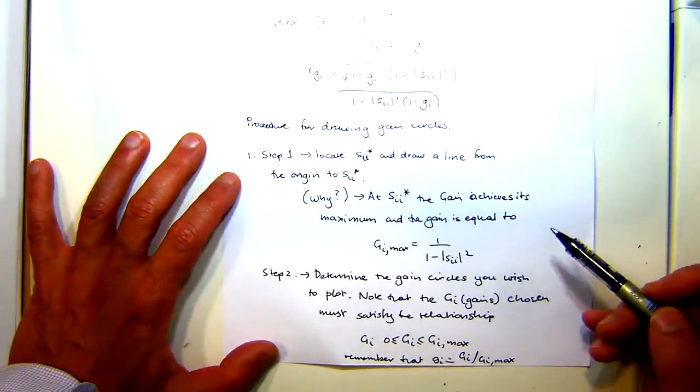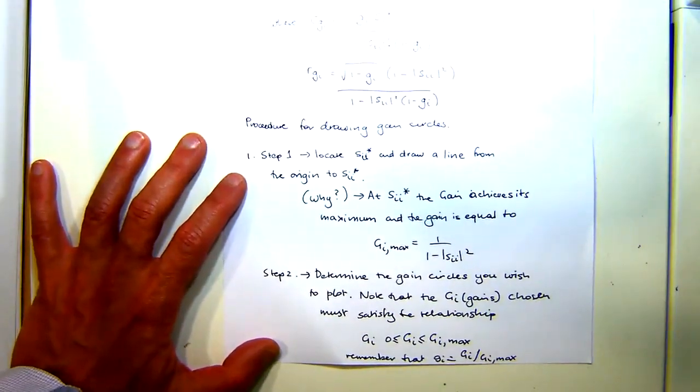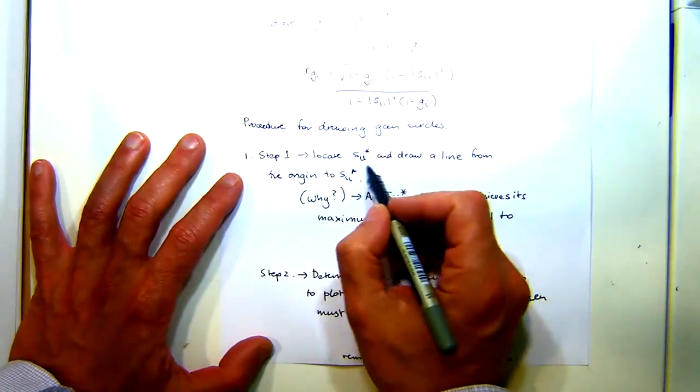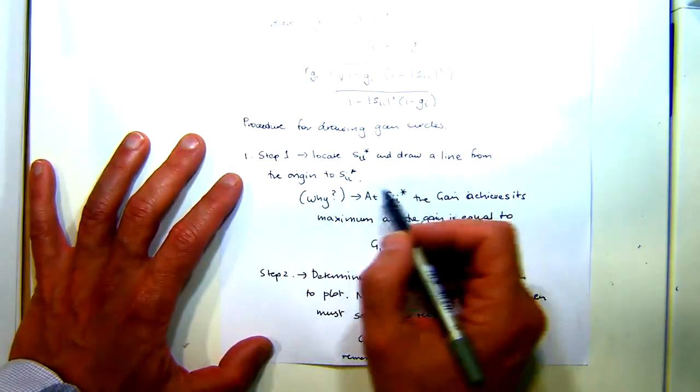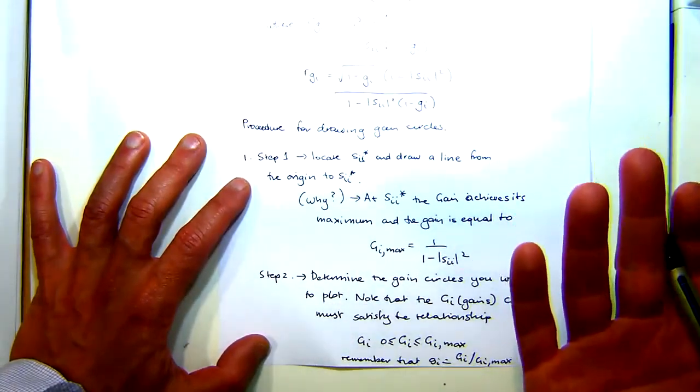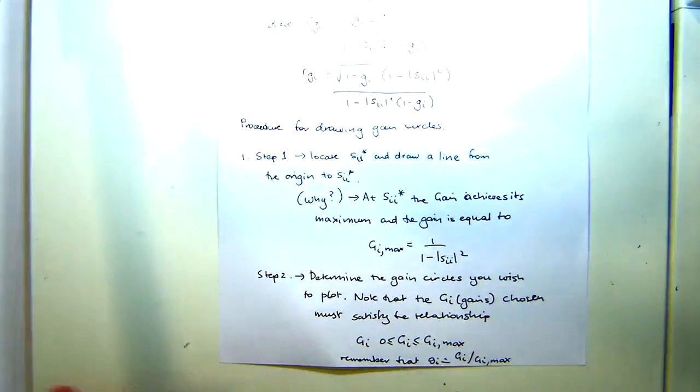All right, so the first thing we want to do in order to draw these gain circles is to locate S11 or S22 conjugate on the Smith chart. We'll draw that as part of the example.